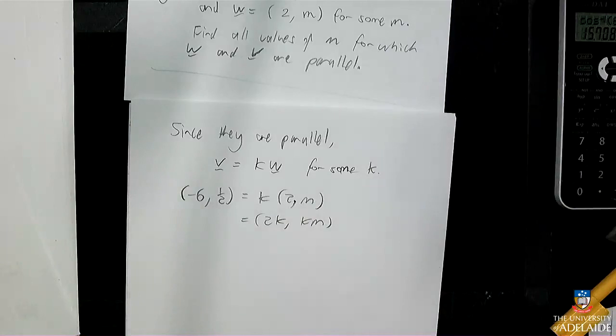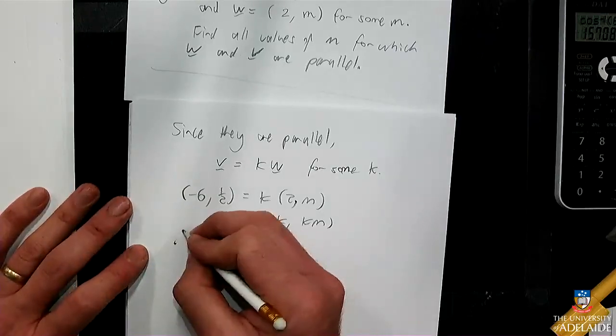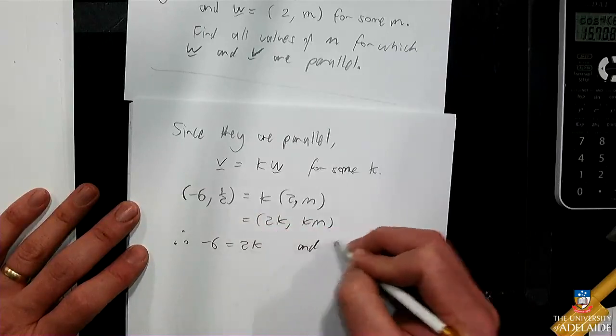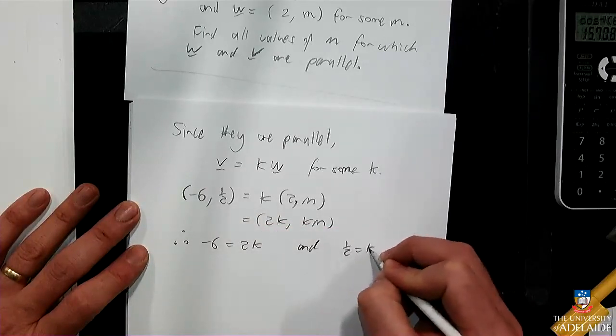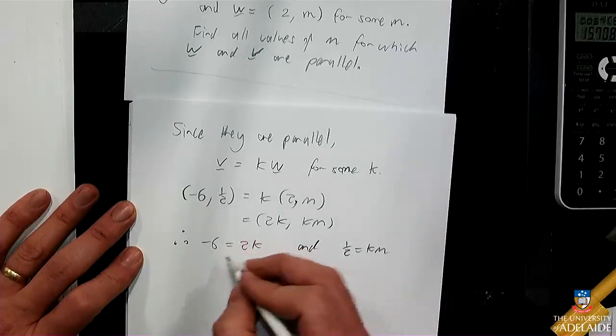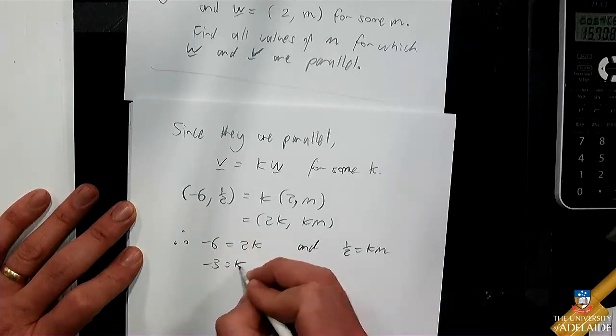Now, two vectors are equal if they're the same journey. So that must mean that minus 6 is the same as 2k and a half is the same as km. So therefore, minus 6 is 2k, and also a half is km. Now, if minus 6 is 2k, I can divide both parts by 2, and I'll get minus 3 equals k.